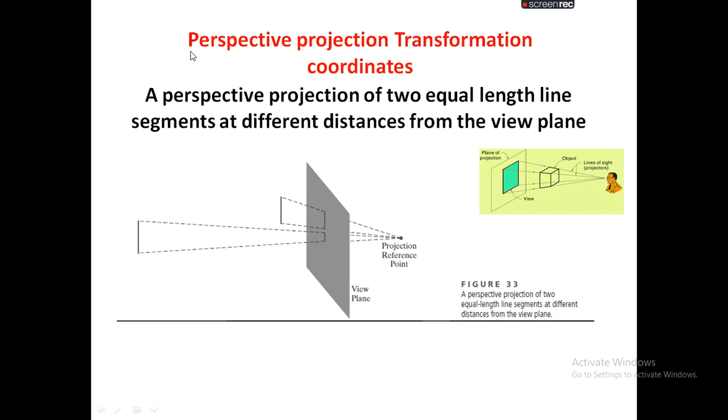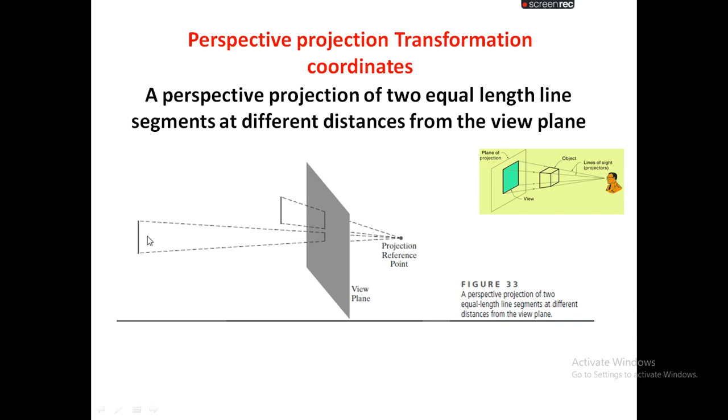Now what we need to do is derive the equation for perspective projections. To perform the derivation, we should know the outcome of perspective projections when I translate the object coordinate position from the space to the view plane.